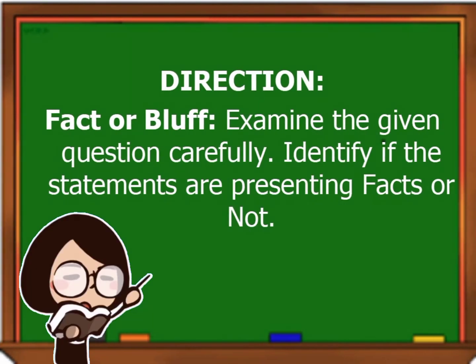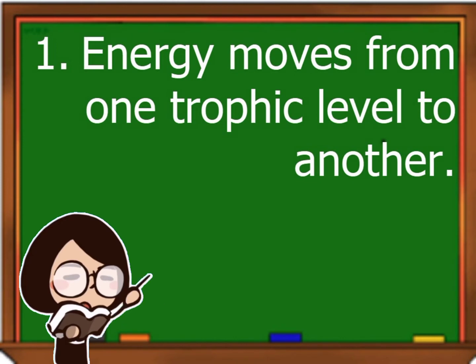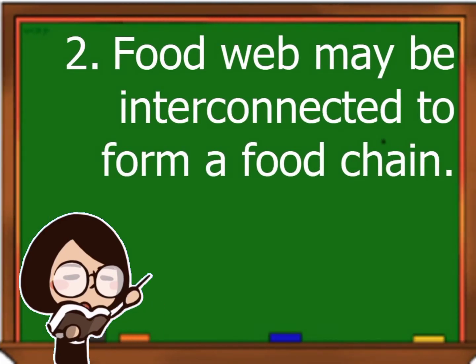The direction is, is it a fact or a bluff? Examine the given questions carefully. Identify if the statements are presenting facts or not. Number 1. Energy moves from one trophic level to another. Second, a food web may be interconnected to form a food chain.